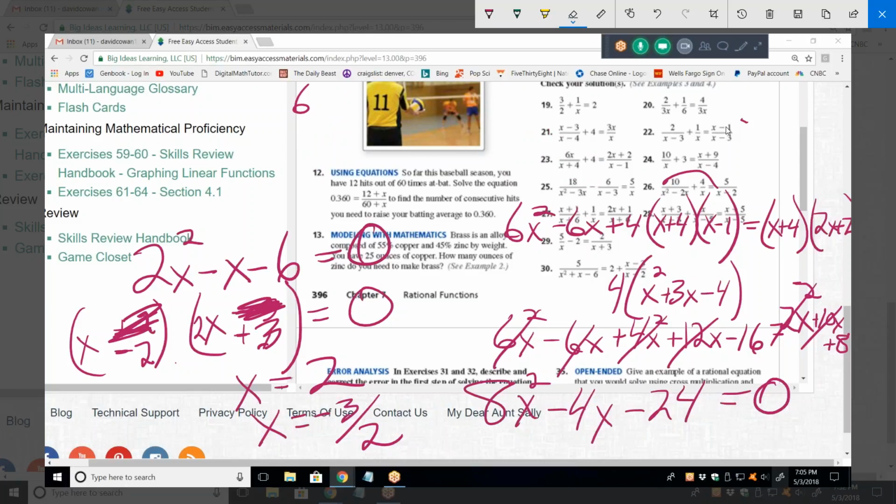If my life depended on it, I'd try both of these numbers. Okay, 2 is really easy. What does that become? 12 over 6 plus 4, is that equal to 6 over 1? Yes. So 2 works.